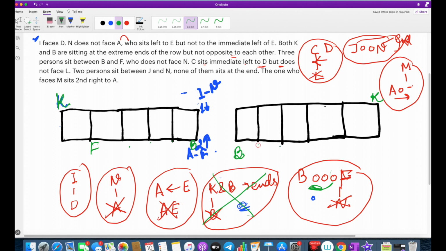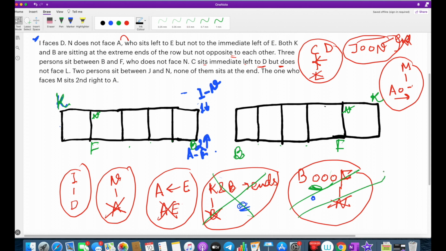F does not face N. So let's write N here and strike it out. So this condition is also done.